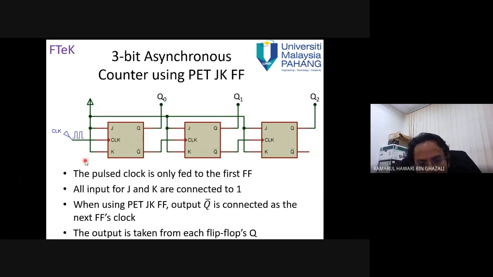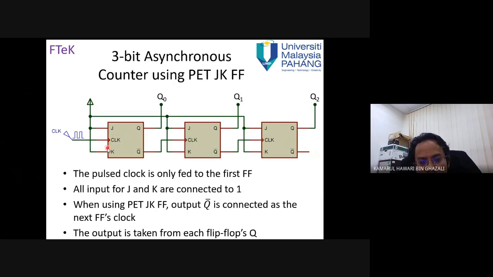The clock pulse is only fed to the first flip-flop. Then the next clock is waiting from the first flip-flop. When using PET JK flip-flops, output Q bar is connected as the clock of the next flip-flop.